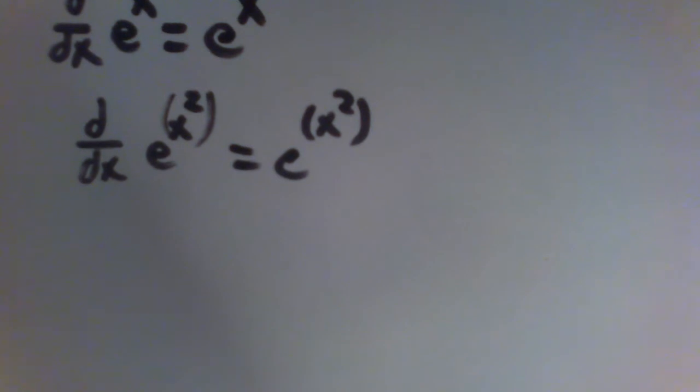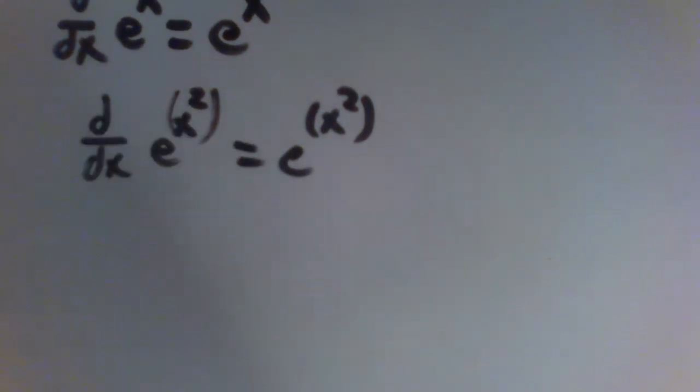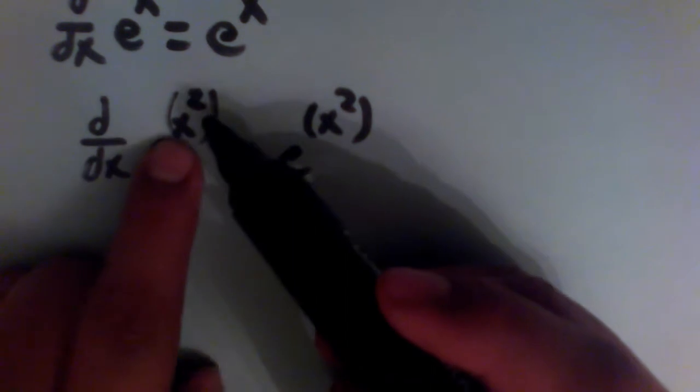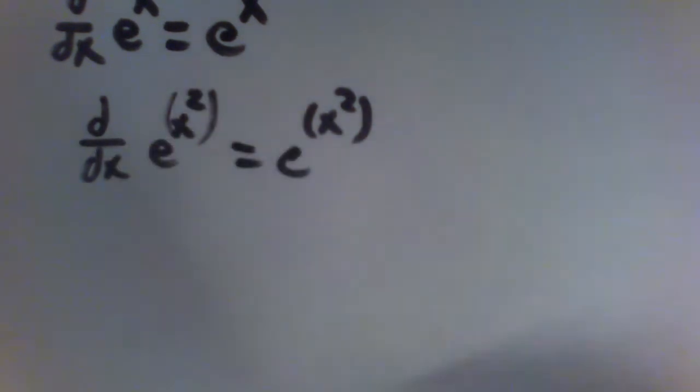But now we have to take the derivative of the inside, because that y is x squared, and x squared isn't just some linear function, it's something of higher order. So just like the chain rule says, take the derivative of the outside. The outside would be itself, and then we take the derivative of the inside. The derivative of the inside is just 2x, right?